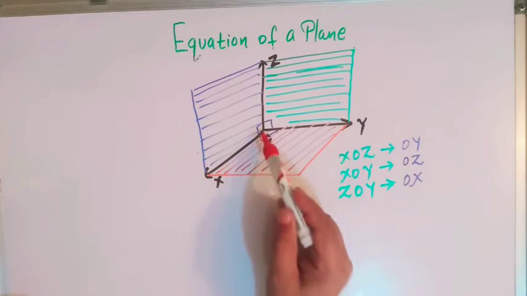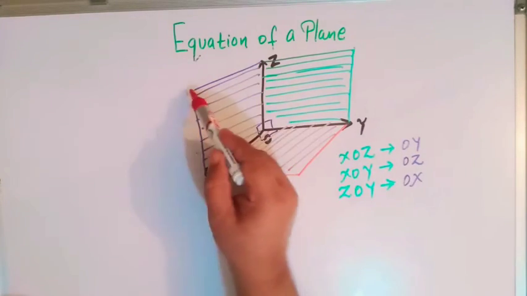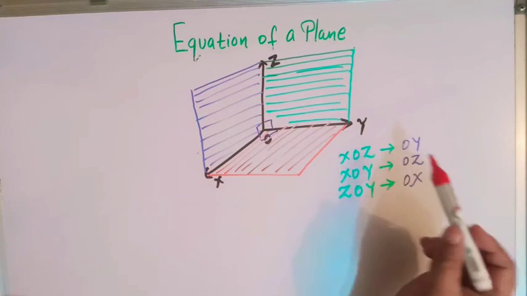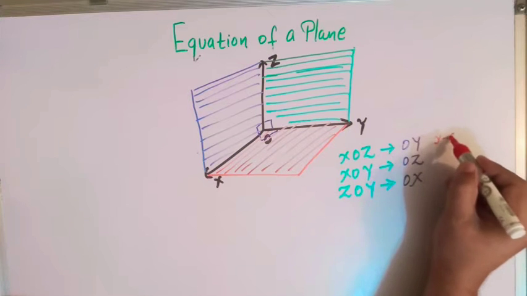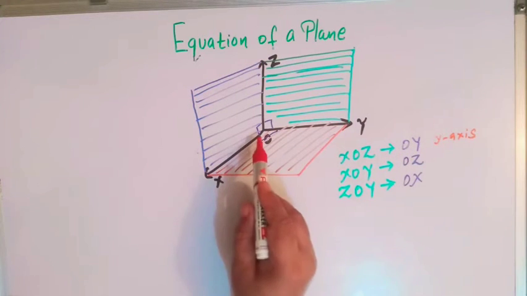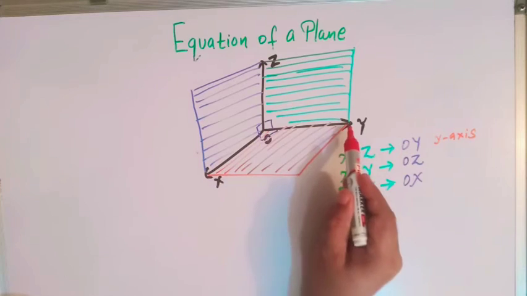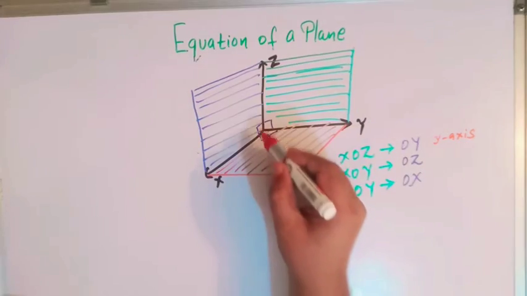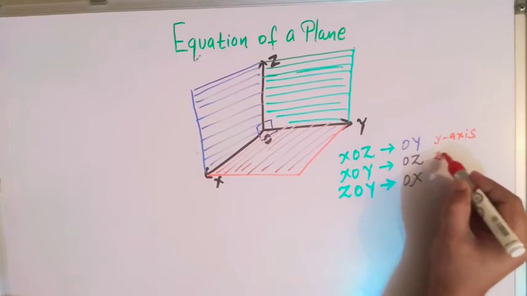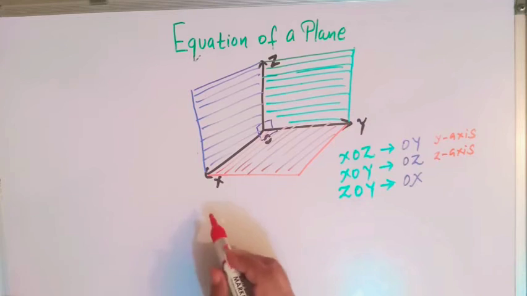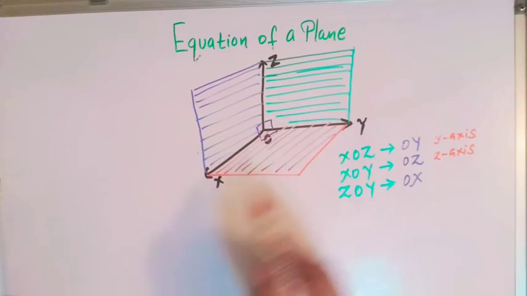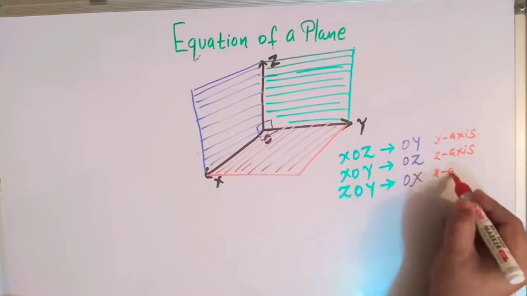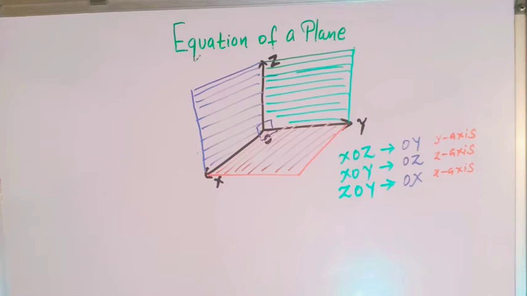Therefore, for XOZ plane, for this plane, OY or the y-axis can be taken as the normal vector. Similarly, for XOY plane, the z-axis or OZ can be taken as the normal vector, and for ZOY plane, OX or x-axis can be taken as the normal vector.